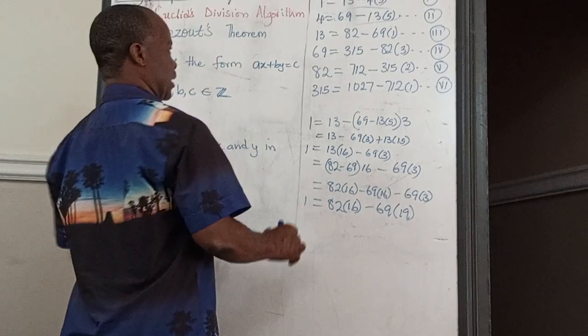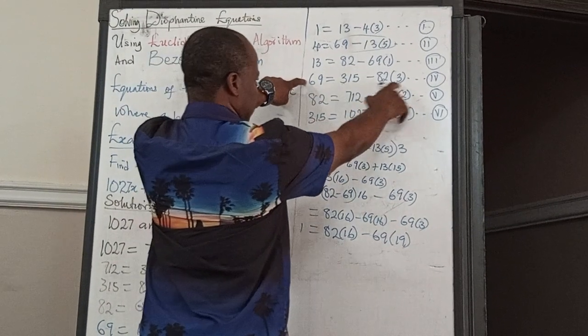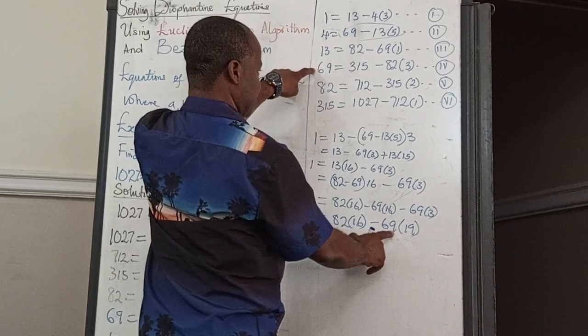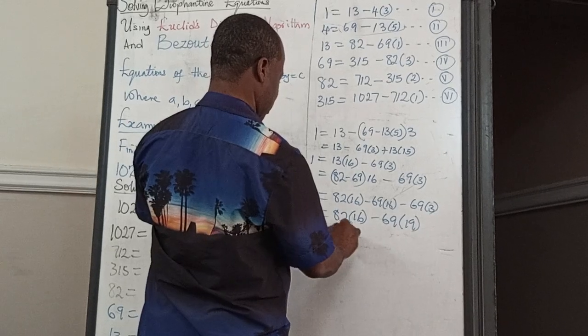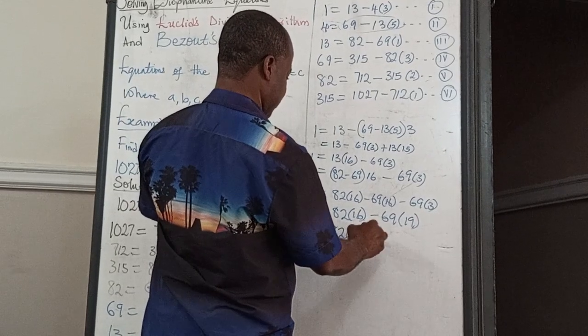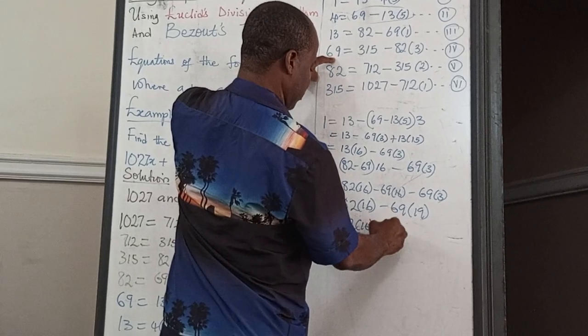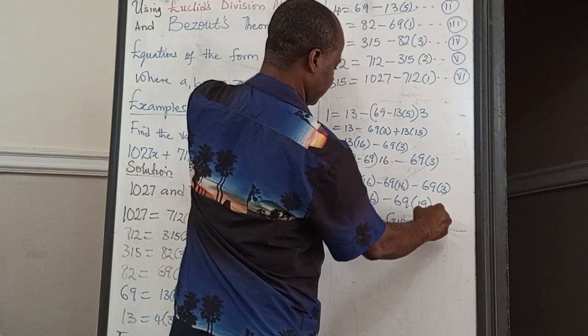Okay, now let's go to equation 4, where 69 is equal to 315 minus 82 times 3. So you can now plug this in place of 69 in the last equation. So that 1 will be equal to 82 times 16 minus, where we're supposed to have 69, we write 315 minus 82 times 3.